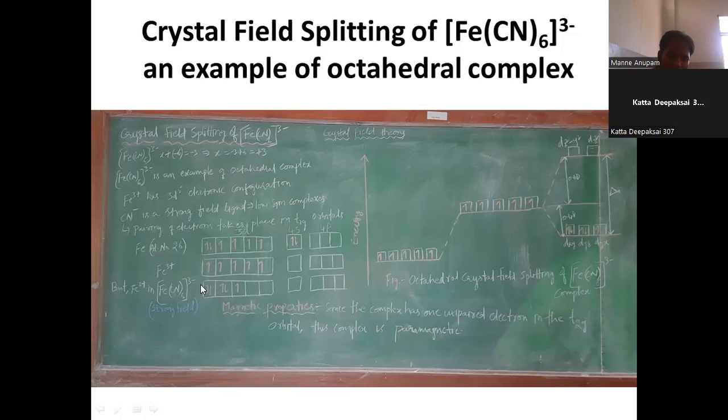Now Fe3+ in [Fe(CN)6]3- is nothing but 2 electrons, 1 electron.